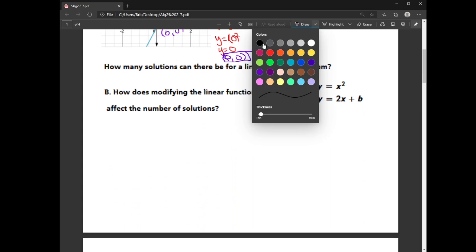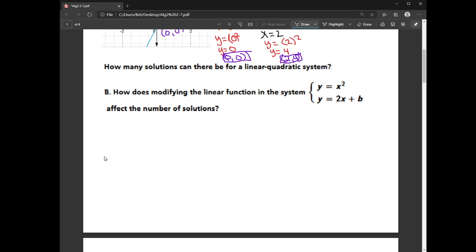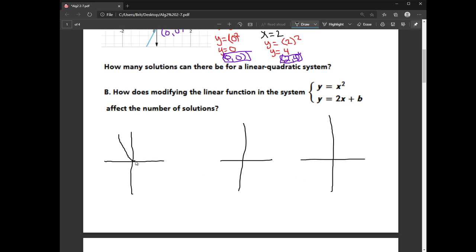Now this next question is really just asking about the maximum number of solutions you can have or the minimum number of solutions. So I'm just going to draw 3 of these. Now this really cruddy parabola that I'm drawing, pretend that that's x squared. I just don't know how to draw.